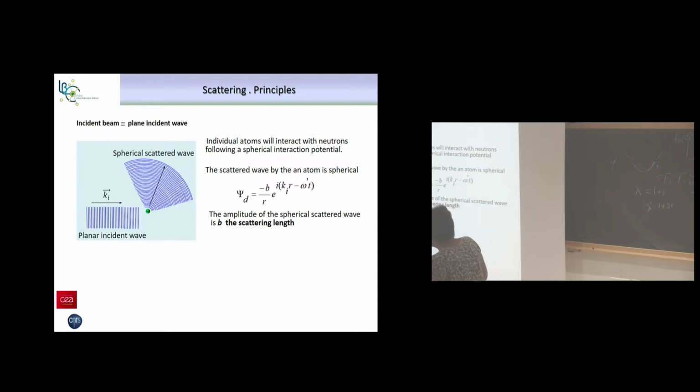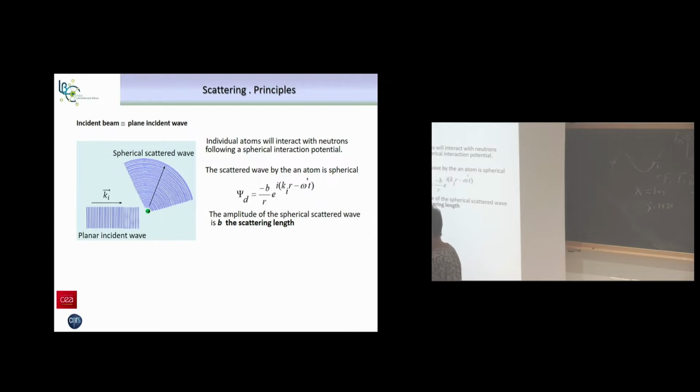So some principles. I start at the beginning. Neutron and X-ray are considered as a wave. When they come to the sample, we consider they are plane waves because the source is far from it.